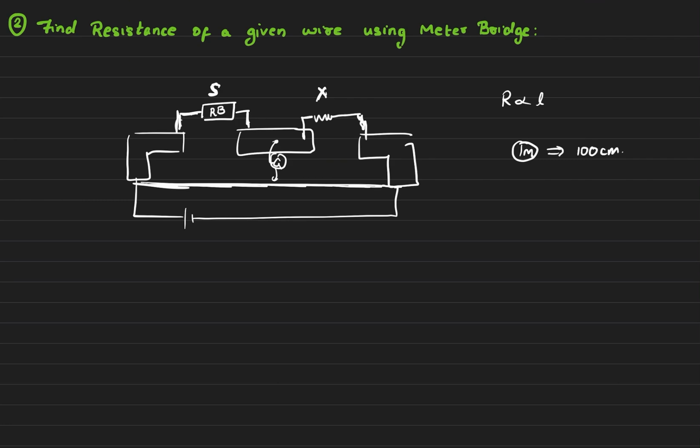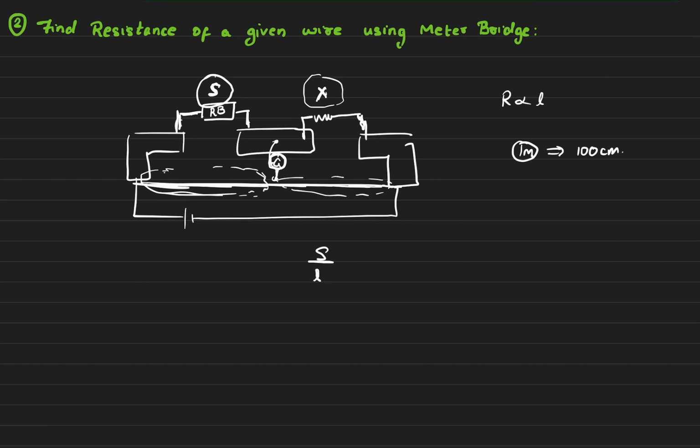Correct? So now what I can write is, in a balanced Wheatstone bridge network, this resistance divided by this resistance will be equal to this resistance divided by this resistance. So I can write S divided by X will be nothing but the length of the wire. Whatever length you got when you balanced this, when the current flowing through the galvanometer was zero, that is called the balanced state.